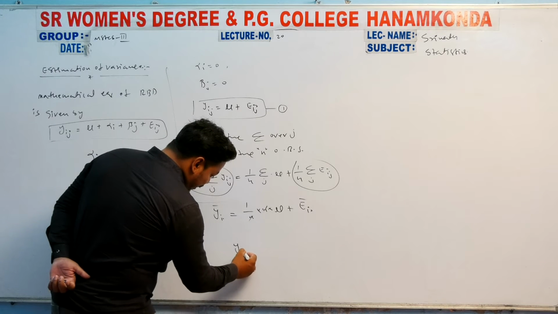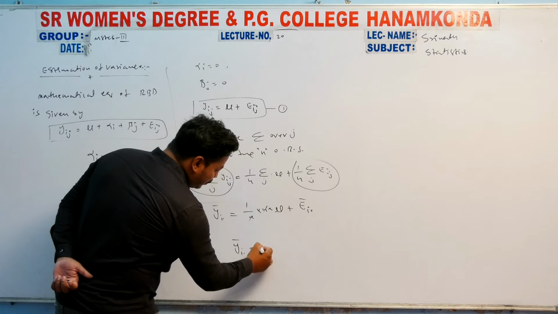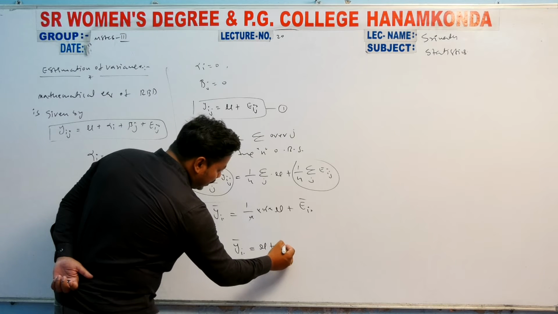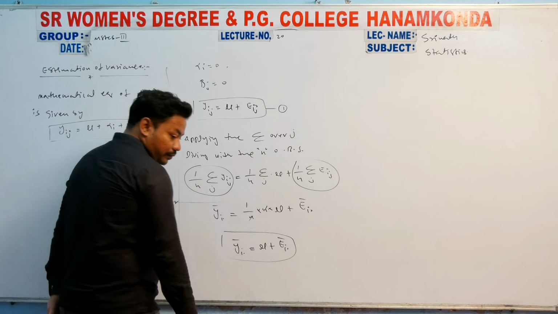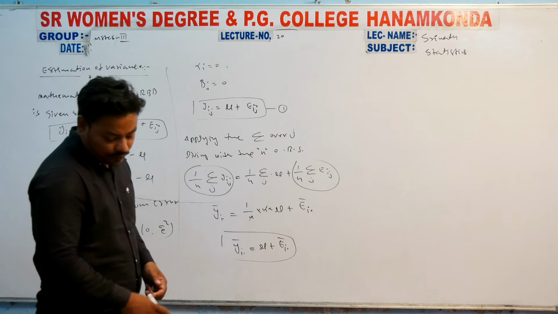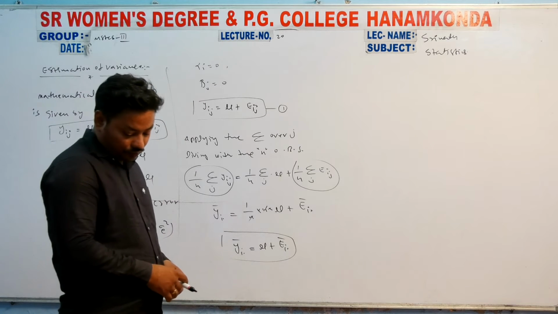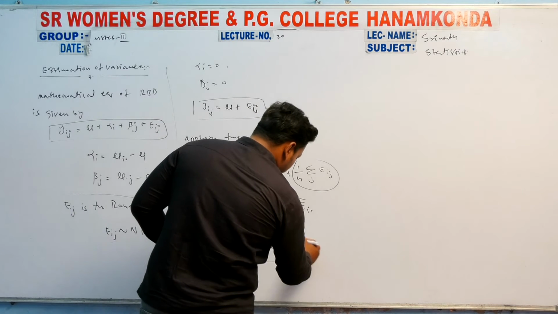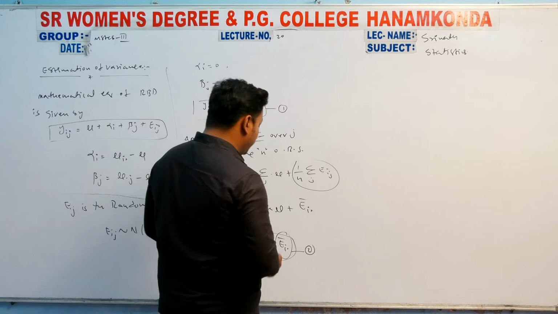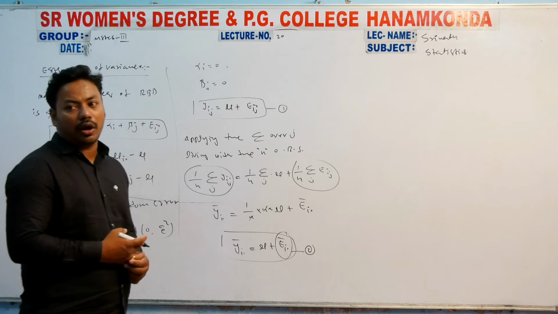Finally yi dot bar equal to mu plus Ei dot bar. This is the equation 2. In this equation 2, Ei dot bar we have.